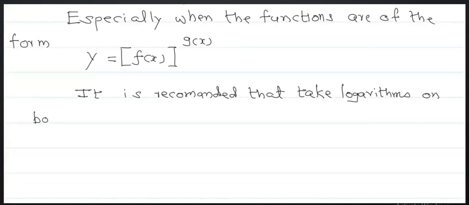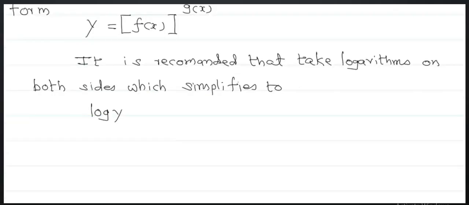Take logarithms on both sides, which simplifies to log of y. If we take the log on both sides, then log of y is equal to g of x times log of f of x.